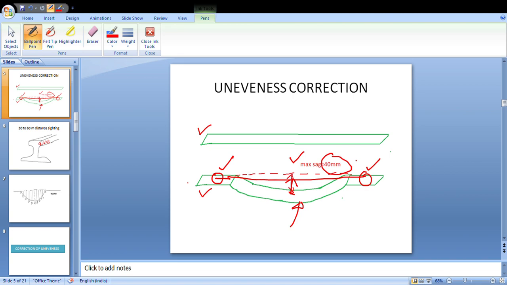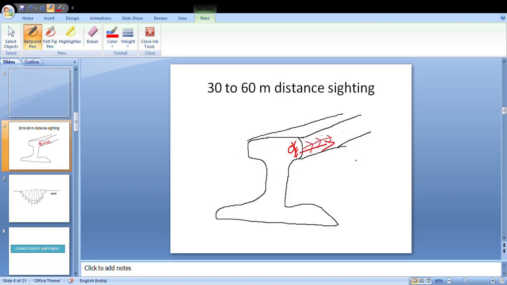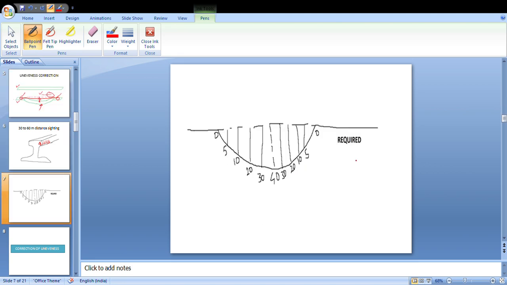After fixing the chord you will get these details: the maximum gap, and also at every 3 meters you measure the gap from the chord to the rail.